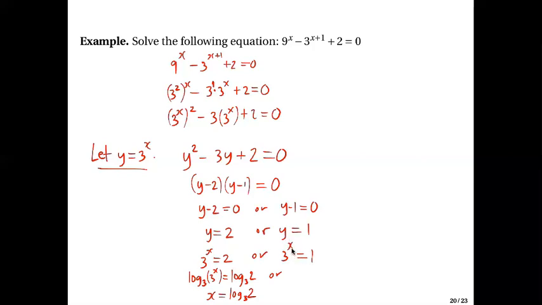What should be the power of 3 so that 3 to that power will give you 1? This should be obvious to you. It should be equal to 0, because 3 to the 0 is 1. So these are the values for x that will solve this equation.